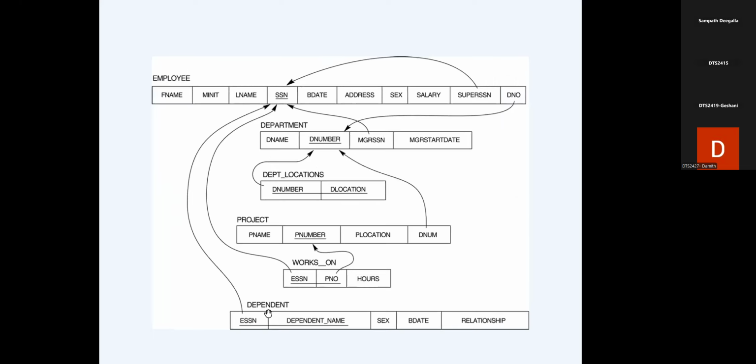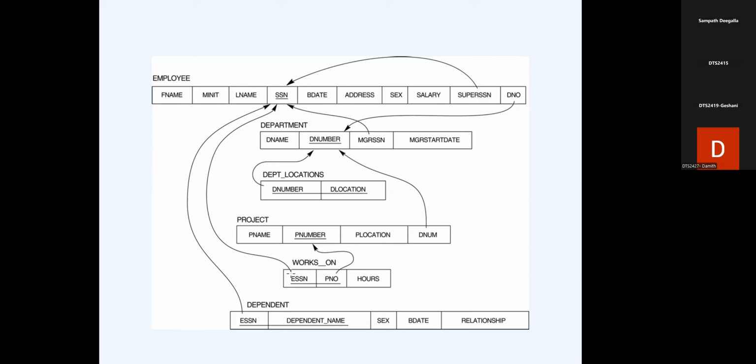So when you take the dependent, you will have name, sex, birth date, relationship, but social security number actually comes from the employee relation. Combining these 2, you create the primary key. So that's about converting entities into relations.